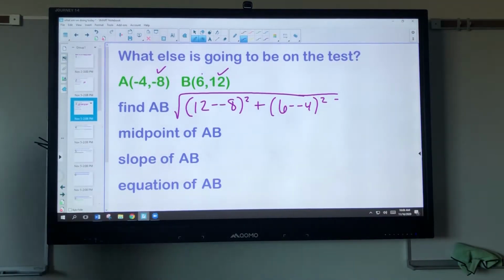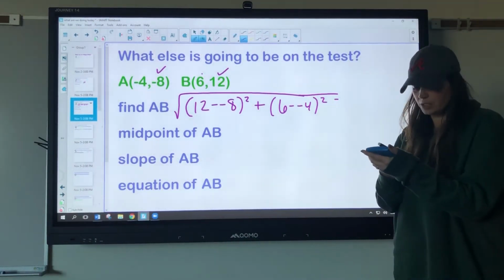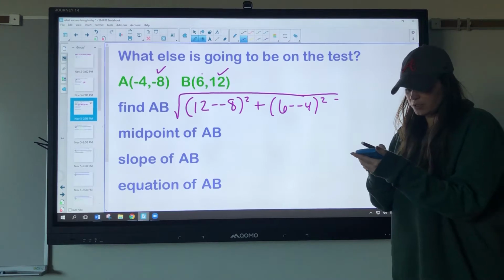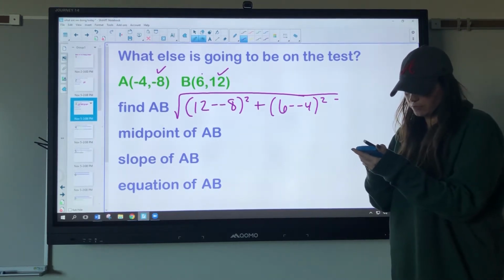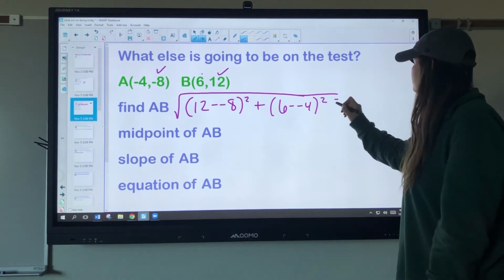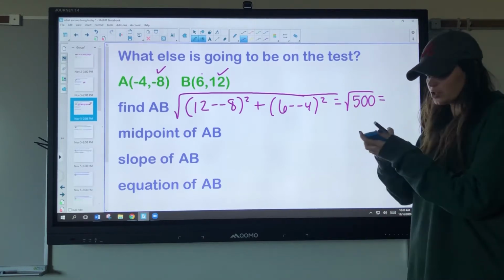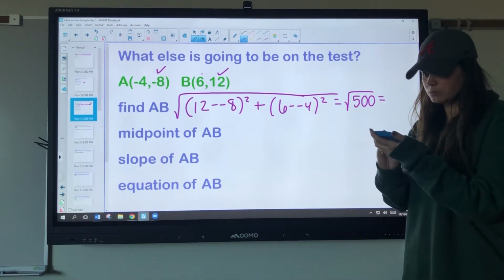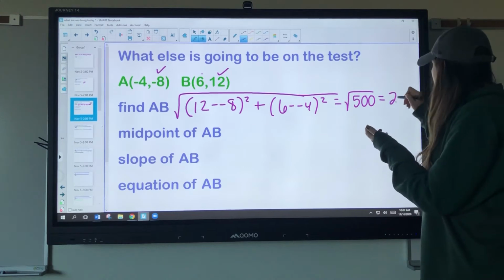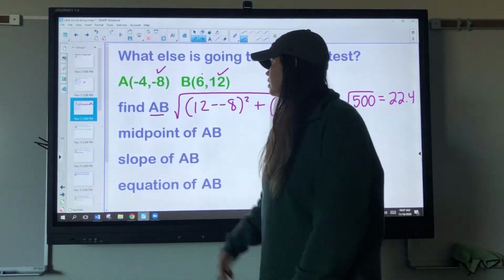So when you put that in your Desmos scientific calculator, don't hit the square root, just hit 12 minus -8 squared plus 6 minus -4 squared. You will get 500, and then you find the square root of 500. Okay, that's how you find the distance of AB.